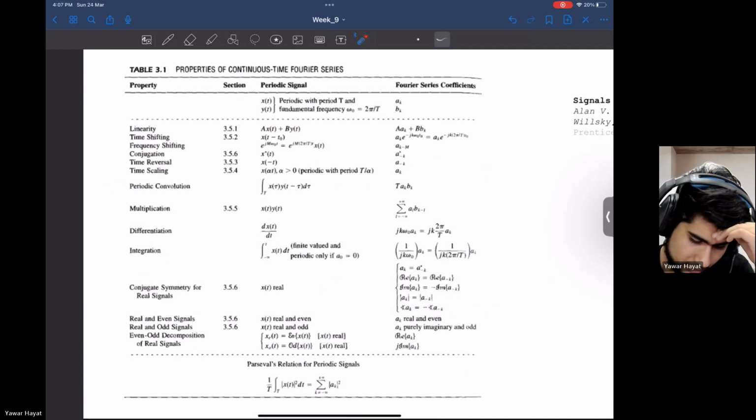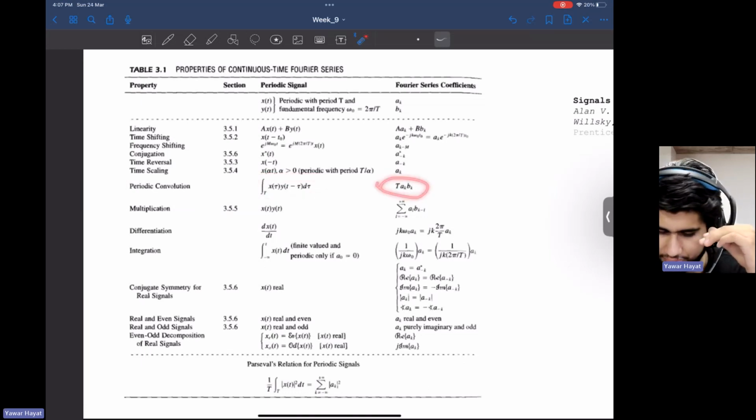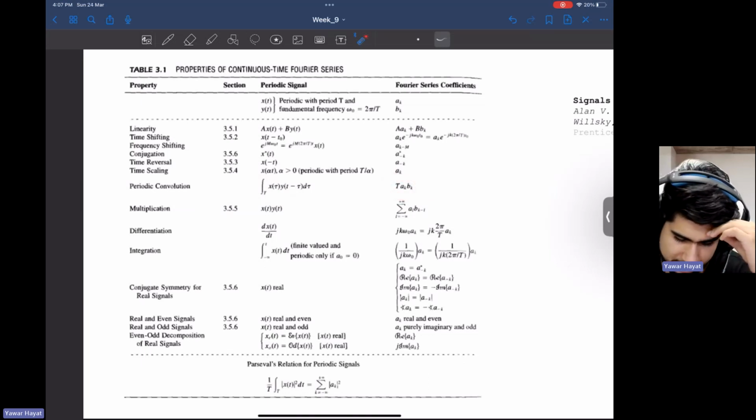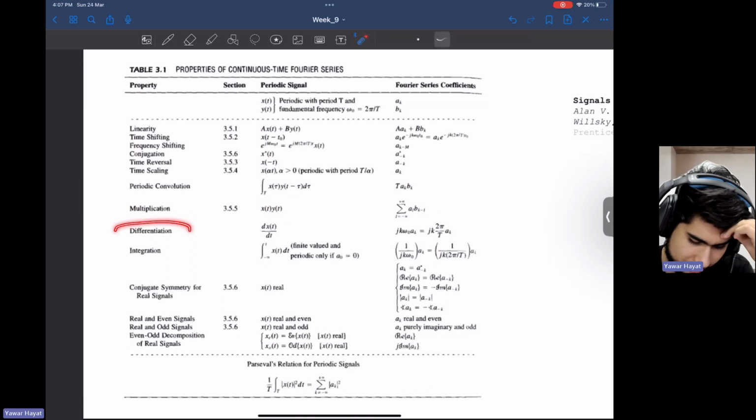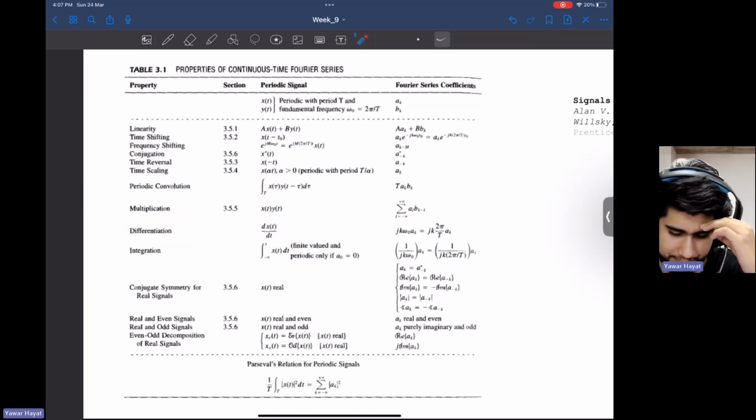We have more properties. What if we have periodic convolution? In that case, Fourier series coefficients are written as this. Multiplication is something that we saw. What if we differentiate a signal? Important one, right?